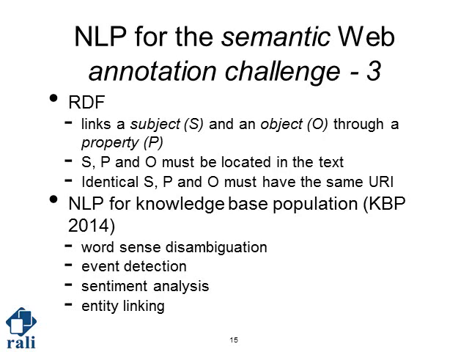Okay, so when you have that, then you can start to do whatever the semantic web is supposed to do. You can check things, you can find new things, you can do some inference, and to do all this, you need to solve the kind of problems that I've given here. So, for example, word sense disambiguation, event detection, sentiment analysis. So you want to see what people are talking about.